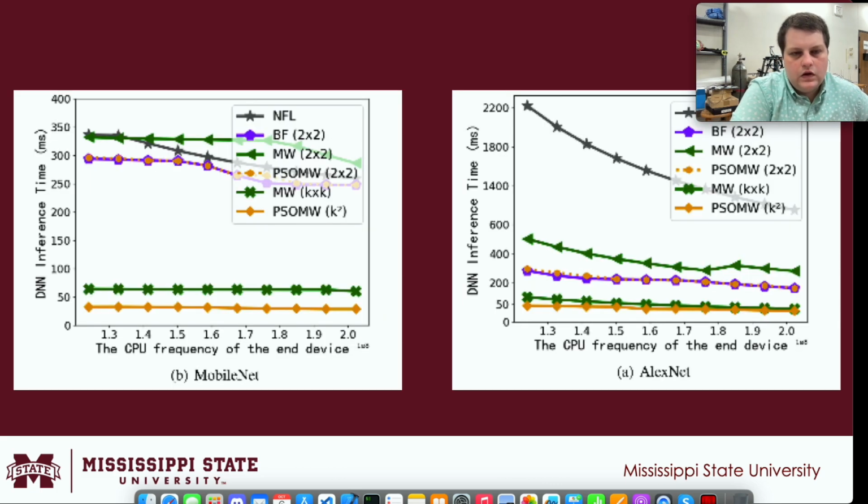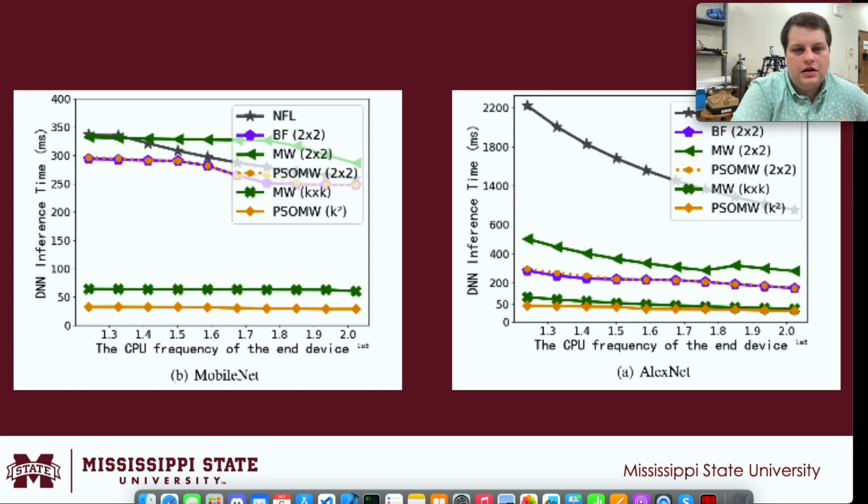Next, we'll discuss the second case, where the variation in the CPU frequency of the end device is simulated. This simulates different computing environments of end devices, where the CPU frequency is set at 1.24 to 2.11 in that range.